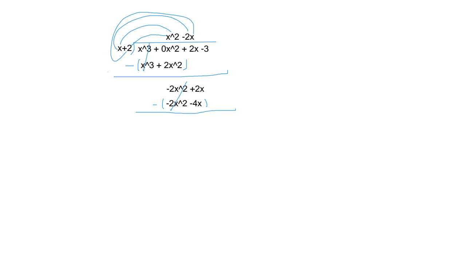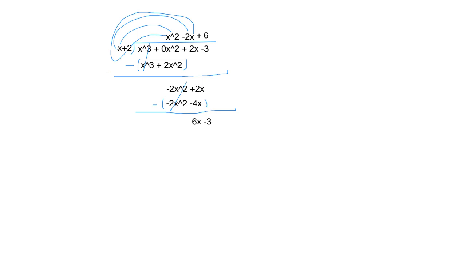Then I take the next number down. The next number in the dividend is minus 3. Now clearly I see in the quotient, I need to put down plus 6, right? Plus 6. Because 6 times x gives me 6x. 6 times 2 gives me 12.